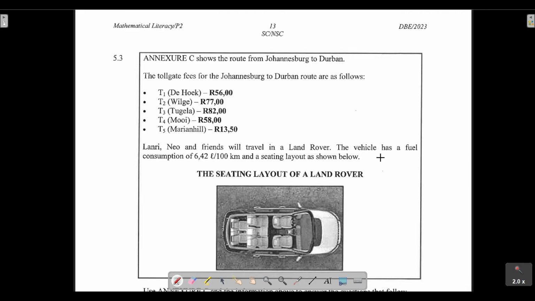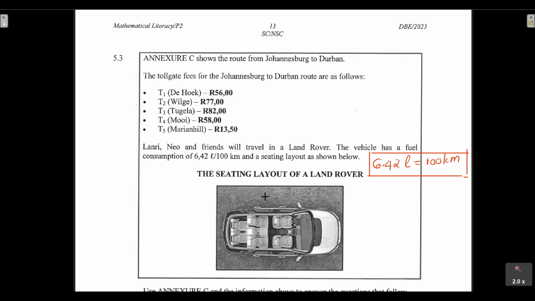So I'm going to write it like this: 6.42 liters is equal to 100 kilometers, meaning that if I travel 100 kilometers, I'm going to use 6.42 liters of petrol. Get into the habit of writing these small notes as you go through the information that is given to you.